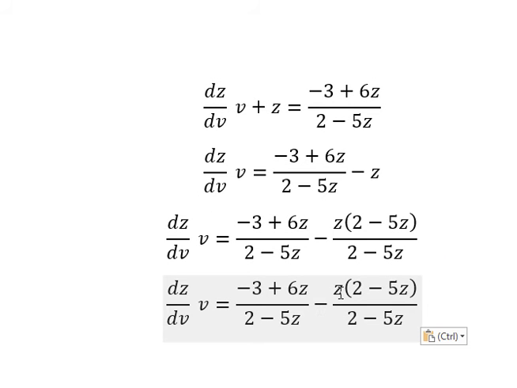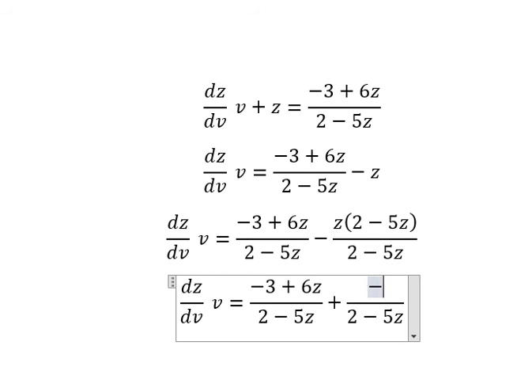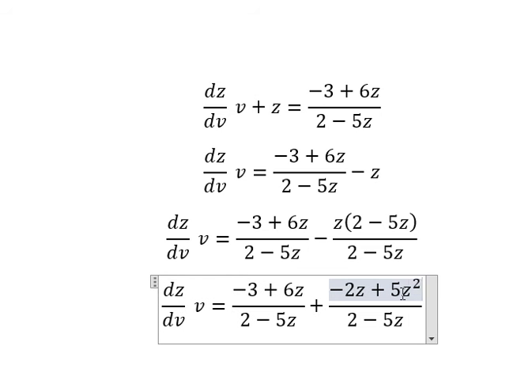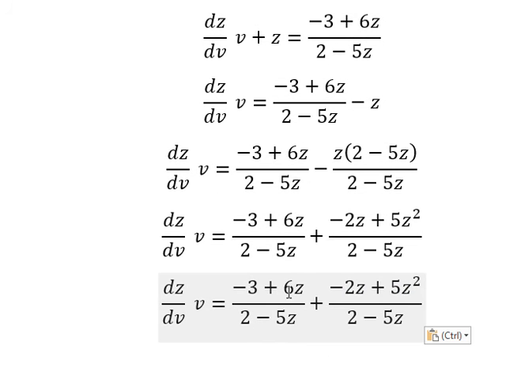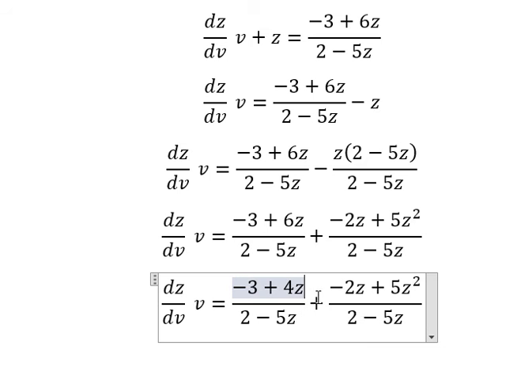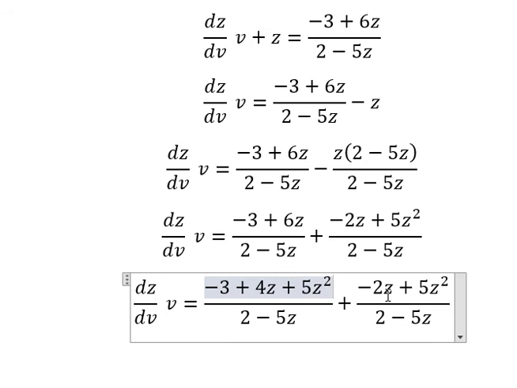So negative we change for z, and negative z multiplied by number 2 and negative 5z. So 6z minus 2z, we have 4z. This one we have 5z squared.